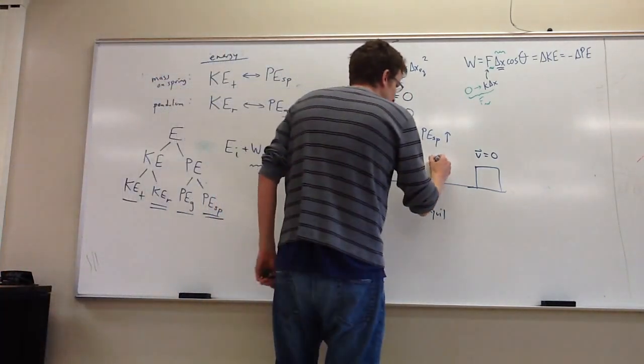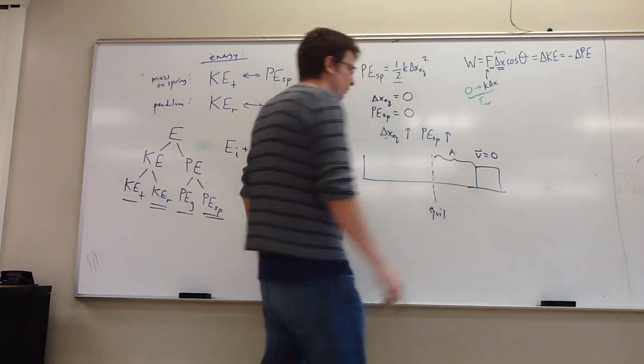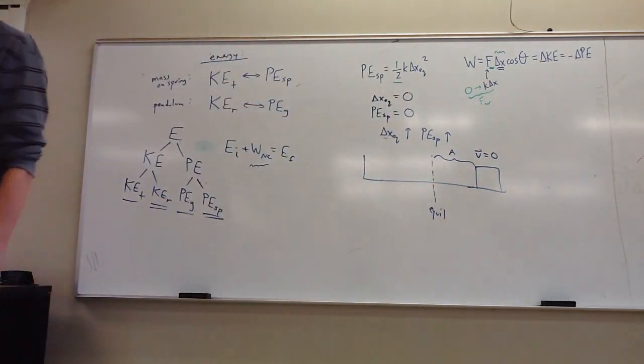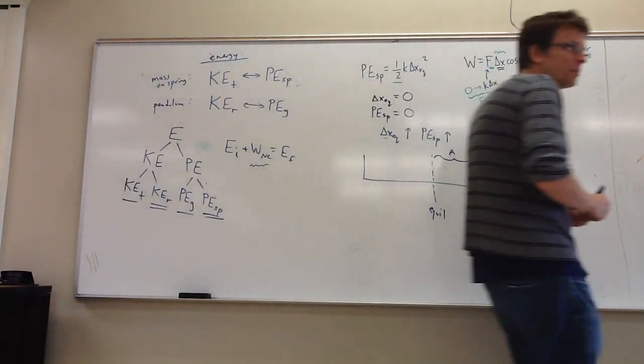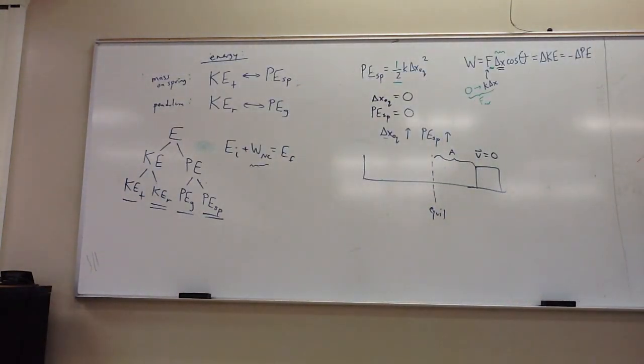I'm going to say that the distance from equilibrium that I release it from rest is called A. Why am I not calling it displacement? Well, displacement is a generic term for how far you are away from the equilibrium at any given moment. But the maximum value, we often call A. A stands for amplitude.